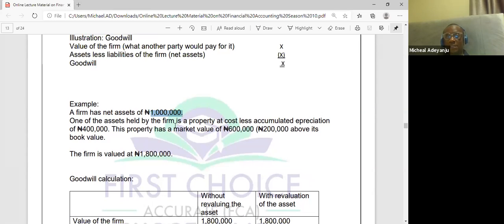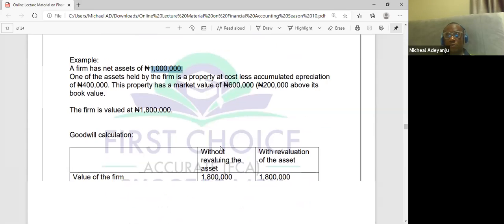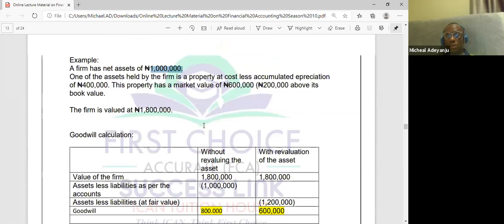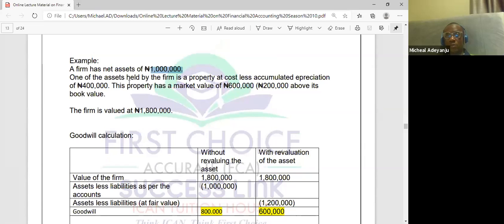And at the same time, the property has a market value of 600,000 naira. So there is a property in these assets that is valued at 600,000 naira, 200,000 above the book value. So it means that 400,000 is in the books as property.